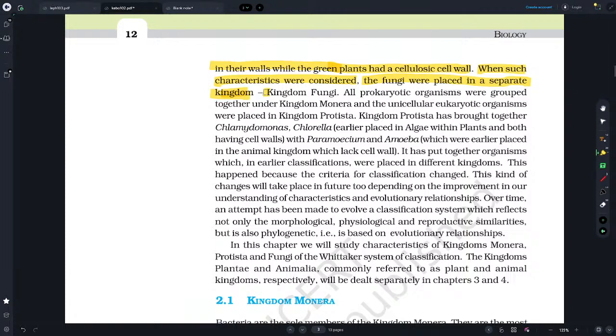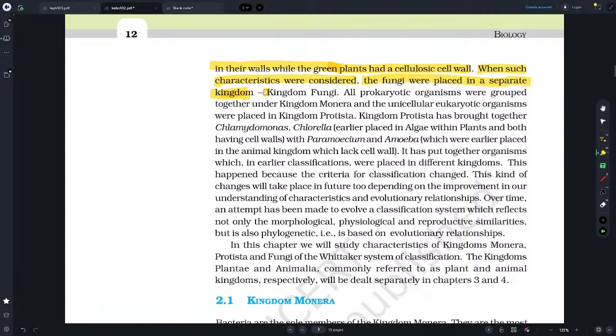With the exception of yeast, which is unicellular, fungi are filamentous. With the exception of yeast, the fungal body organization is loose tissue organization, which means it is multicellular, but yeast is the only one that is unicellular.